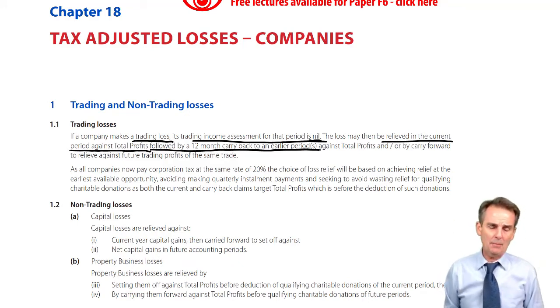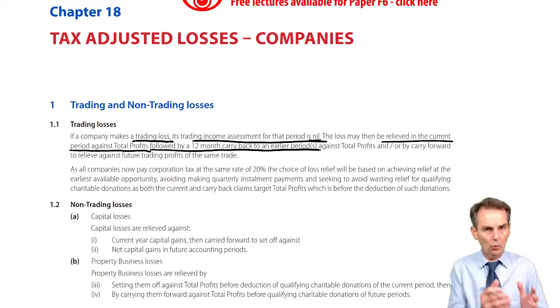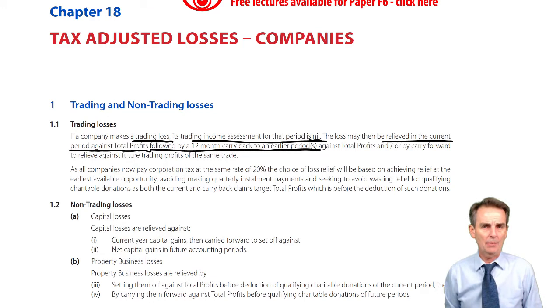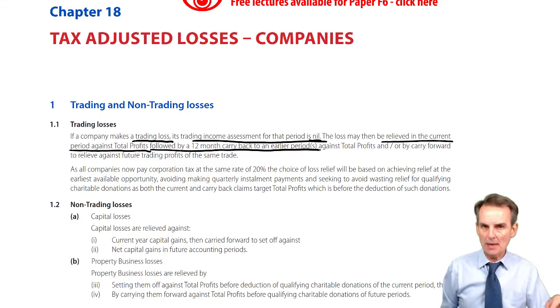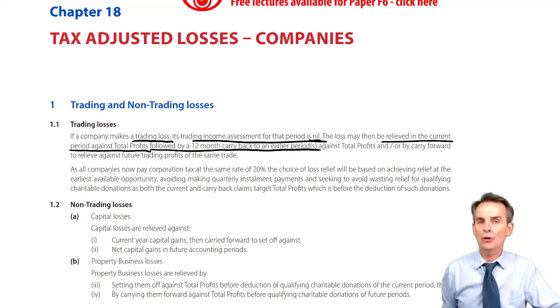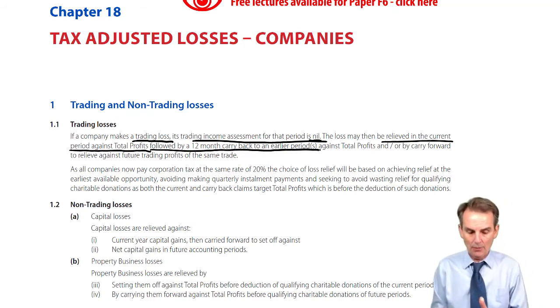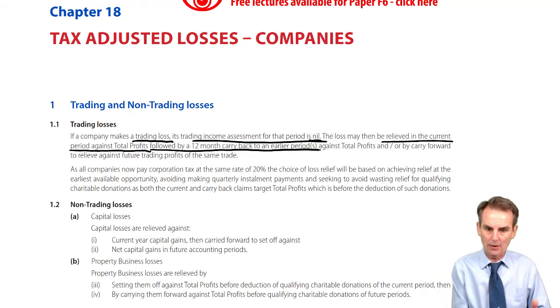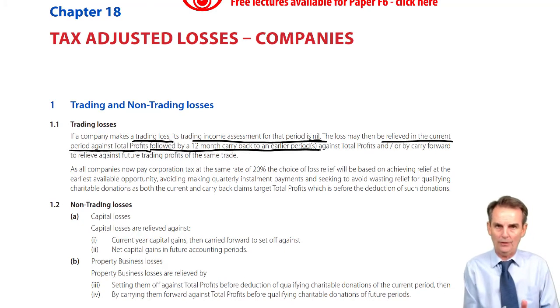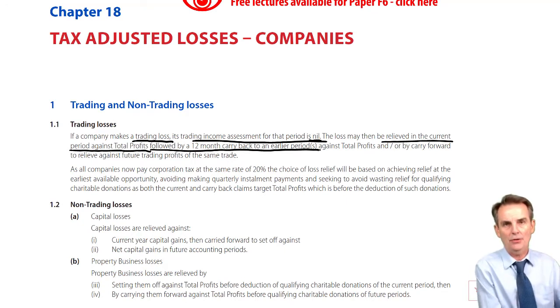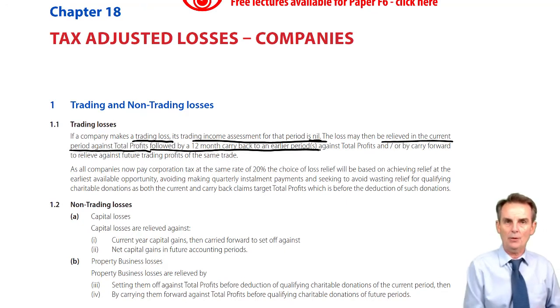So if the previous accounting period was, say, 9 months, then we could take out all of the total profits of that 9 months, and then we would apply any remaining loss against 3 months' worth of the profit-making period prior to it. So loss-making period preceded by a 9-month period, we go back against all the profits of the 9 months and 3 months of the profit period prior to that.